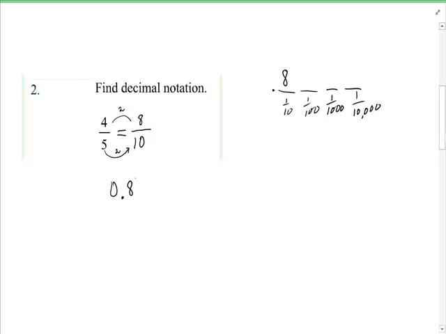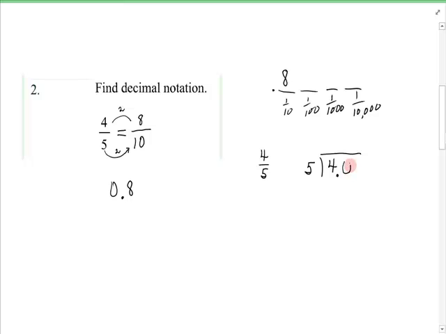All right, here's the other way that you may have been taught to do this. 4 over 5 means 4 divided by 5. So it is 4 being divided by 5. If all you knew how to do was work with whole numbers, you would be stopped immediately and say, I can't do that because 5 doesn't go into 4. But we know that 4 is a whole number that has a decimal point.